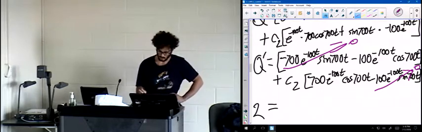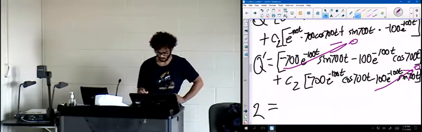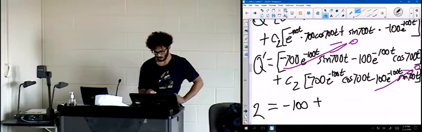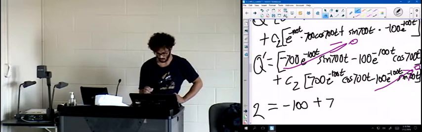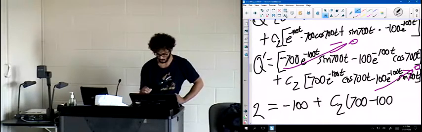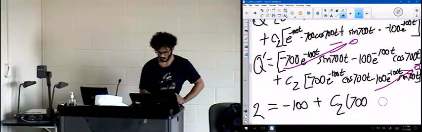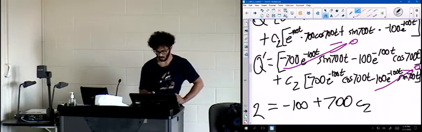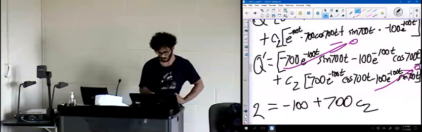Now if we look at these other ones, I think that's really just going to be negative 100 plus, I forgot my C2, 700 minus 100. Oh, I'm sorry. Second term went away. So yeah, it is just 700 C2.